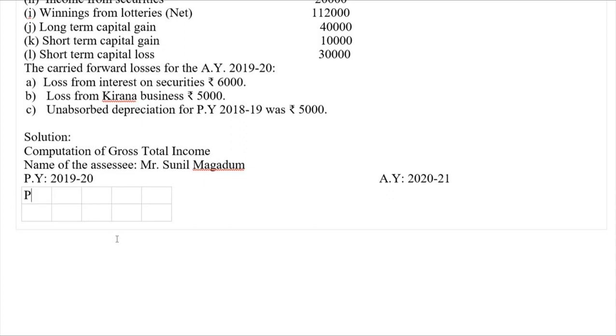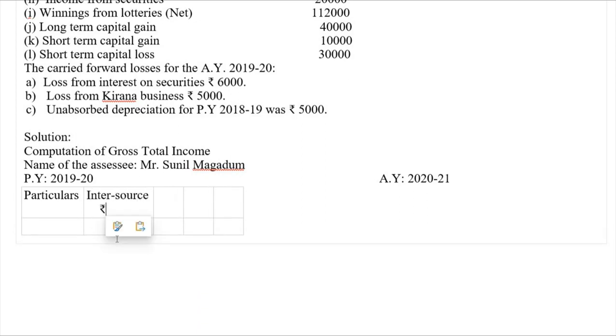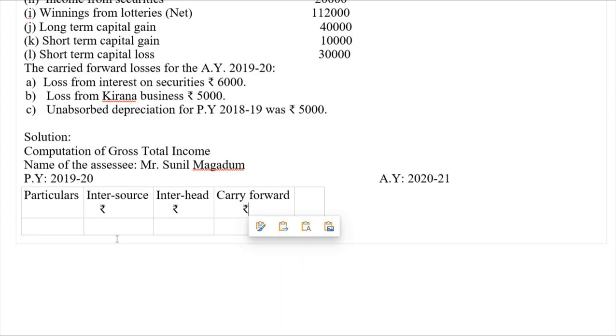So now let us go for writing like this here: particulars, intersource, interhead, carry forward, GTI.